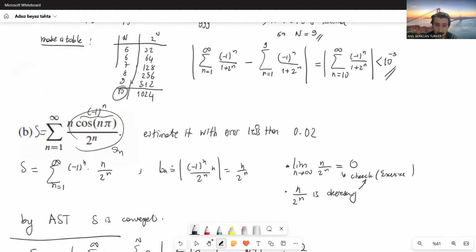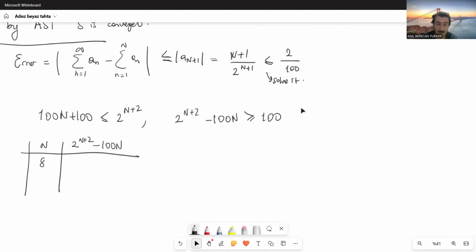So it is 1024, 1024 minus 800, right? So it is good, it is bigger than 100, but maybe let's try 7 then.